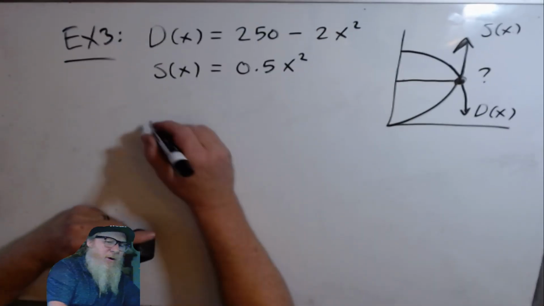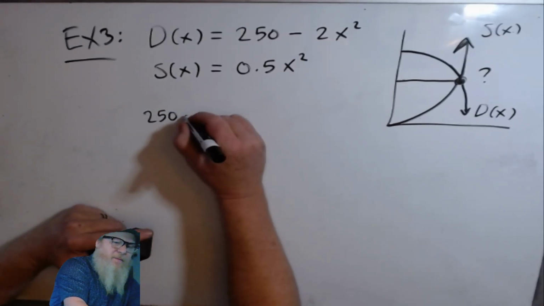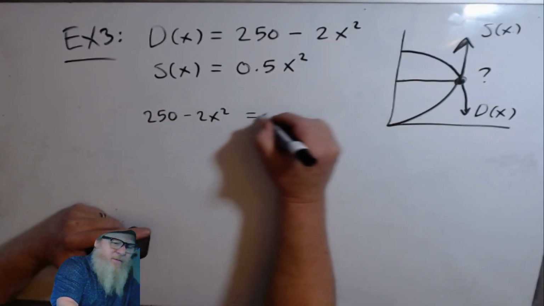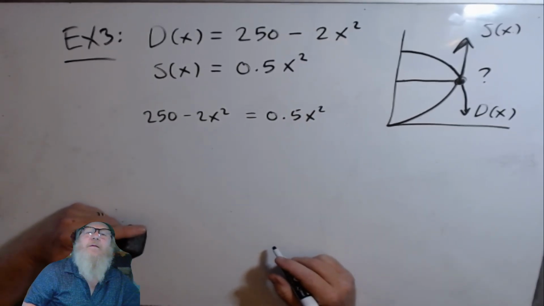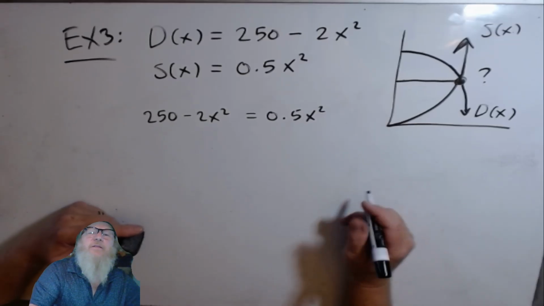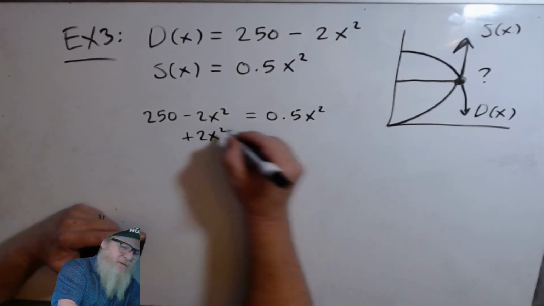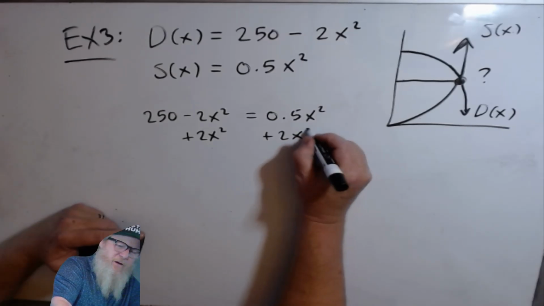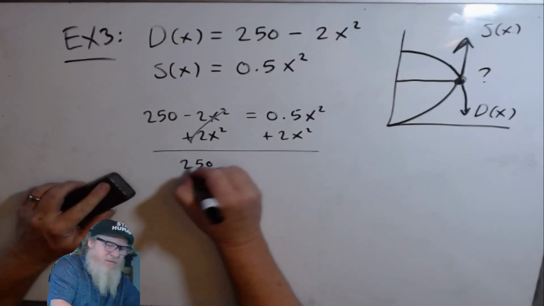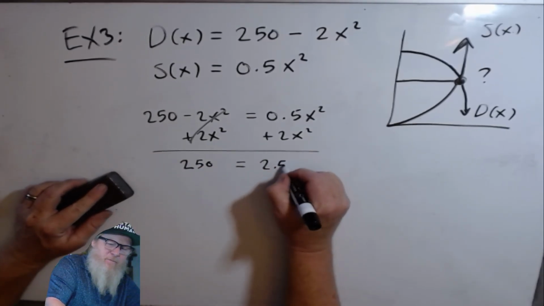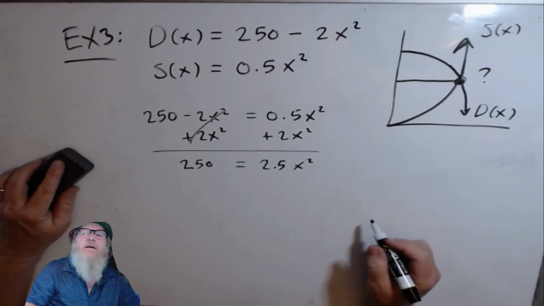So let's find the point. Set them equal to each other. It's up to you how you solve it. I'm going to go this way. It'll be unorthodox here. Go backwards. So I got 250 equals 2.5x squared.